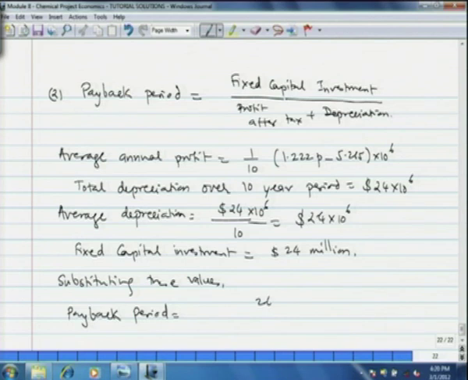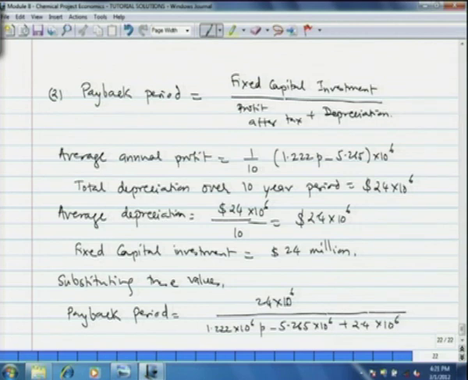24 into 10 to power 6 divided by the average profit per year, so the total profit that we will say 1.222 into 10 to power 6 P minus 5.265 into 10 to power 6, plus the average depreciation, that is 2.4 into 10 to power 6.